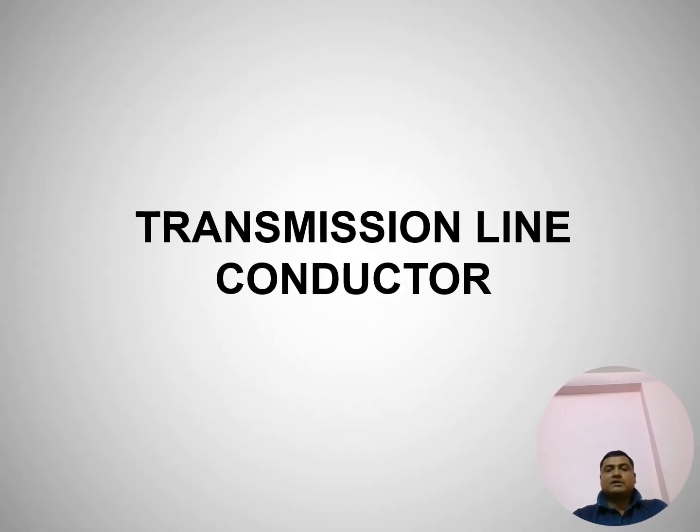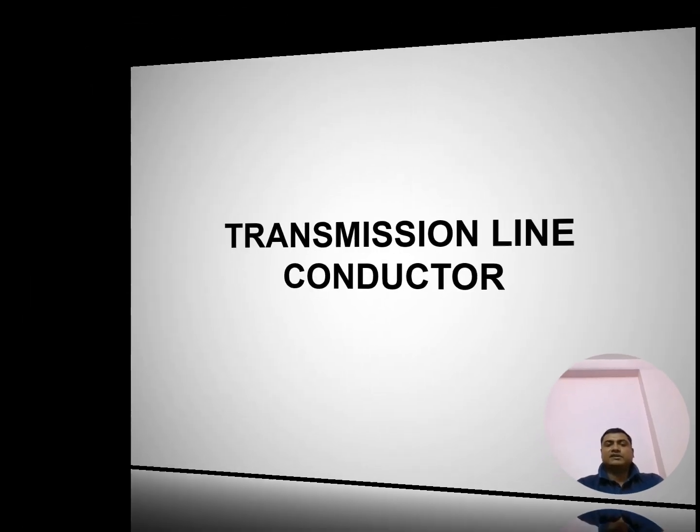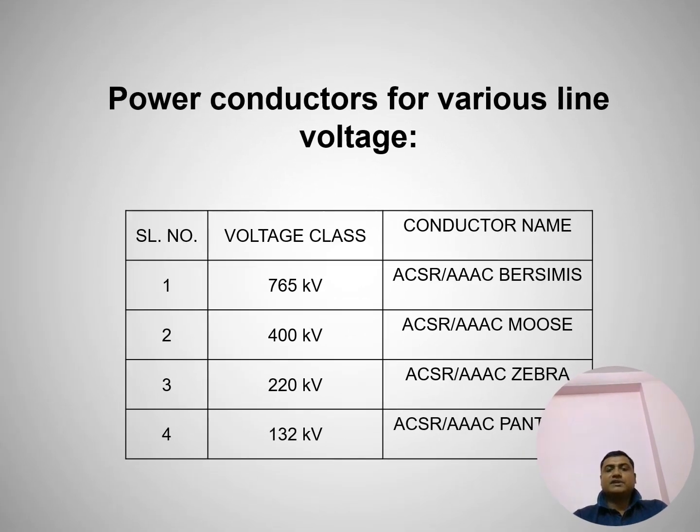Now I'm coming to the transmission line conductor. What are the conductors used for transmission line towers at different voltage levels? Basically, ACSR conductor is used most of the time due to its high tensile strength. For 765 kV we have used Bersimis conductor. For 400 kV we have used Moose conductor.